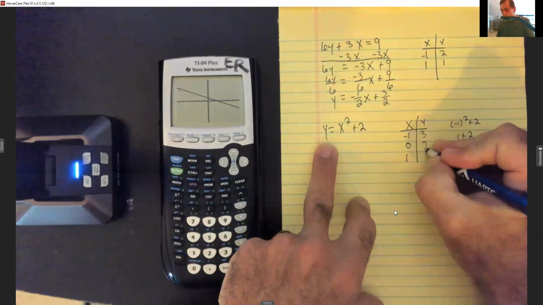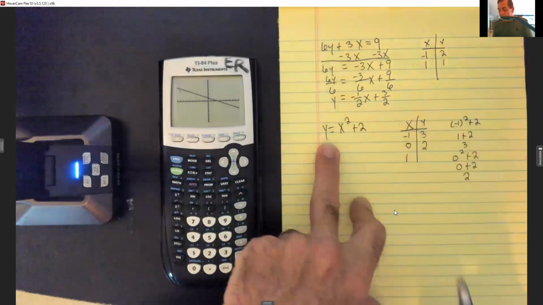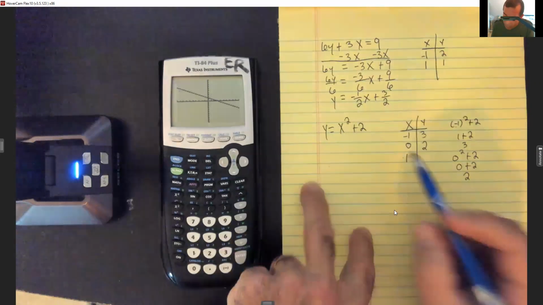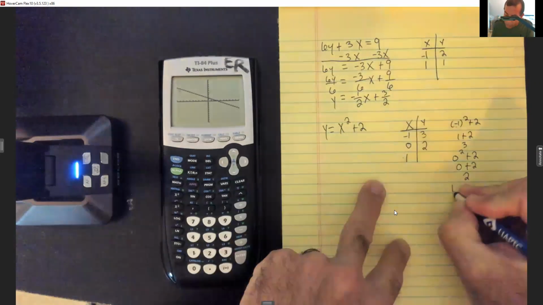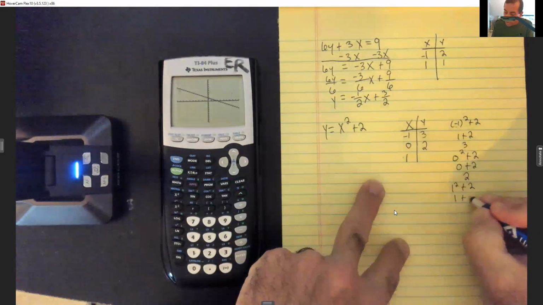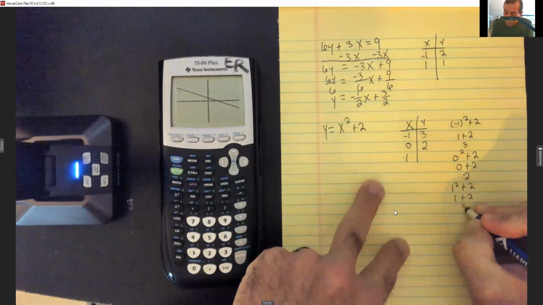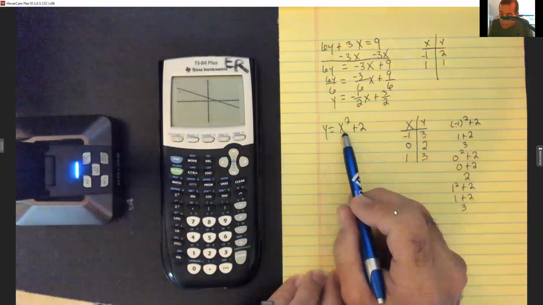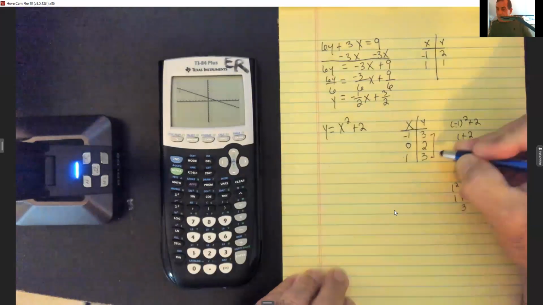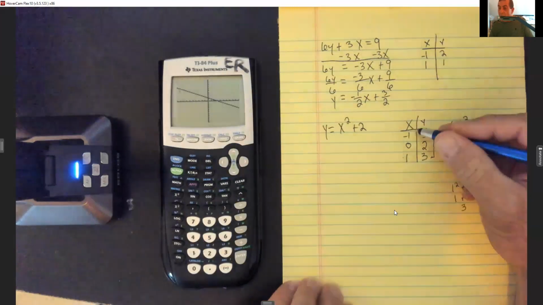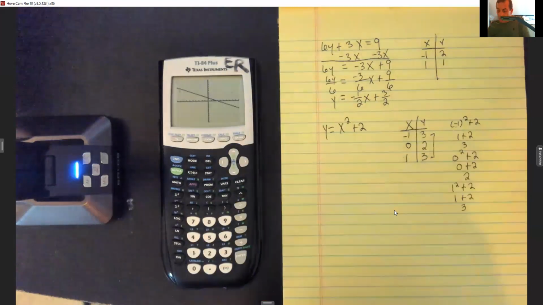So it's still true. You put a 0 in for the x, the y value is going to be that number. And then we would put a 1 in. 1 squared plus 2. Well, 1 squared is 1, and 1 plus 2 would give me 3. So remember, these x squared graphs are symmetric, and you notice on either side of that 0, 2, my -1 and my 1 both have y values of 3. So I got 3 points here.